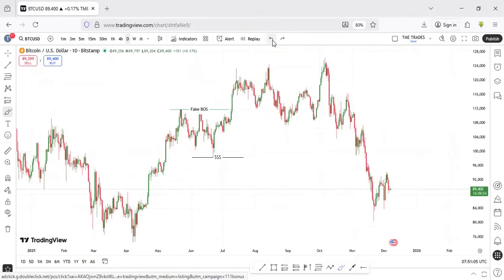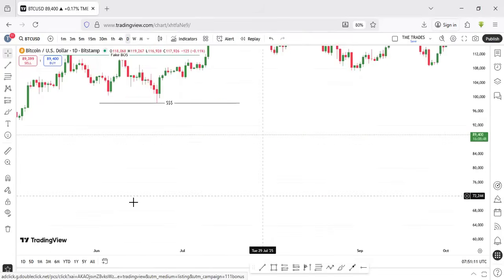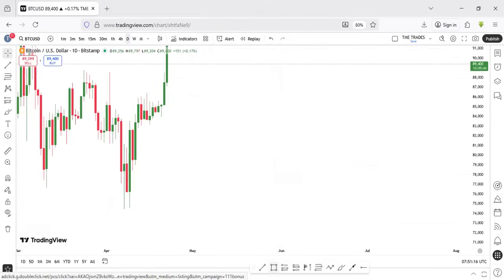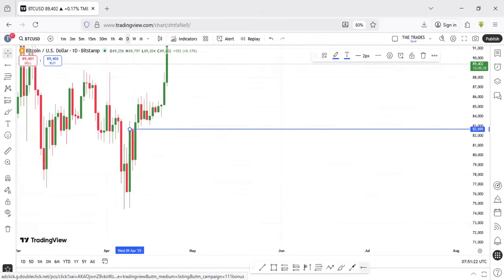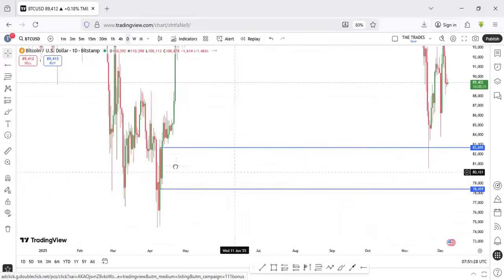So, where is the market now reacting from? Now, we can see a good order block there. I think I saw it there. Okay, we can see a very good order block at this particular place, as you can see. We can see that order block here, and I think that is where the market is currently reacting from.